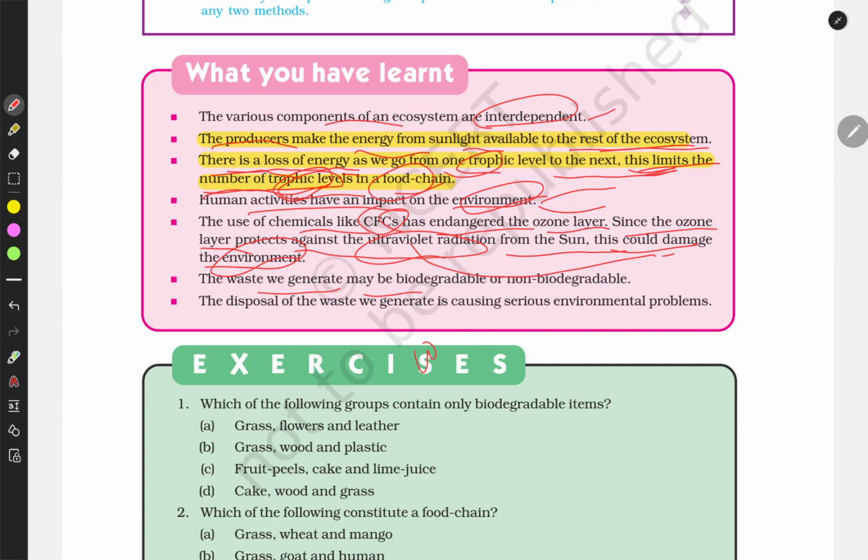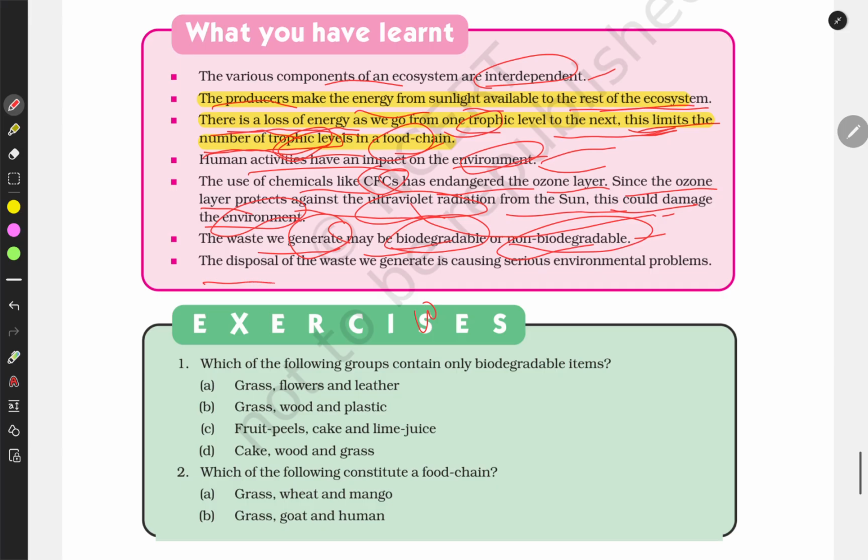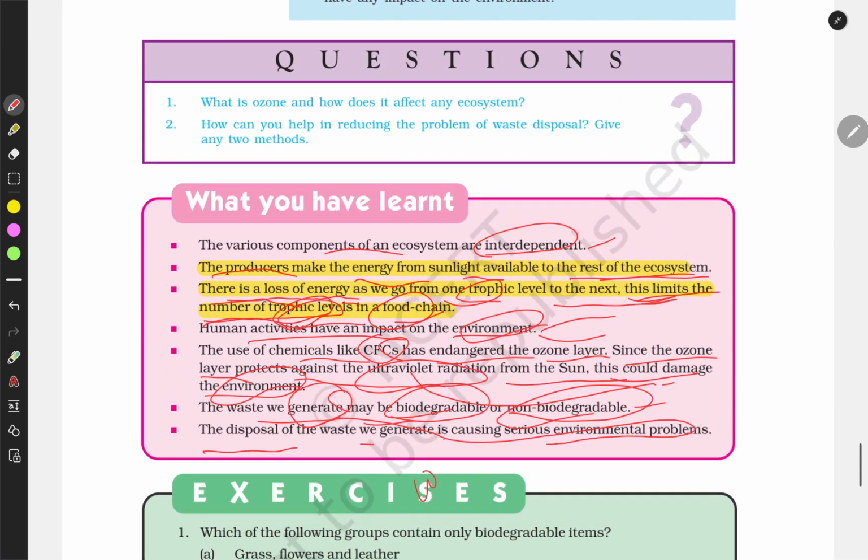The waste that is generated may be biodegradable or non-biodegradable, and the disposal of the waste we generate is causing serious environmental issues. So here ends this chapter.